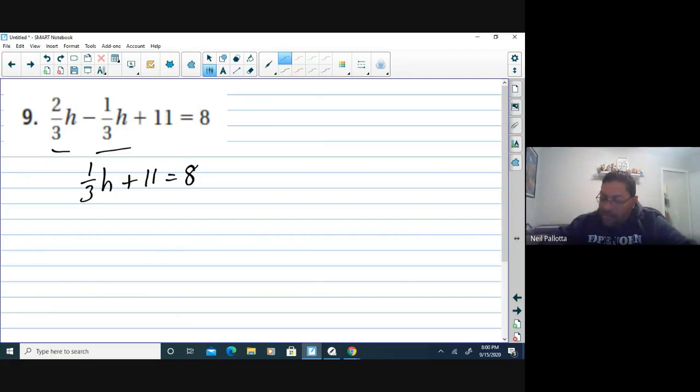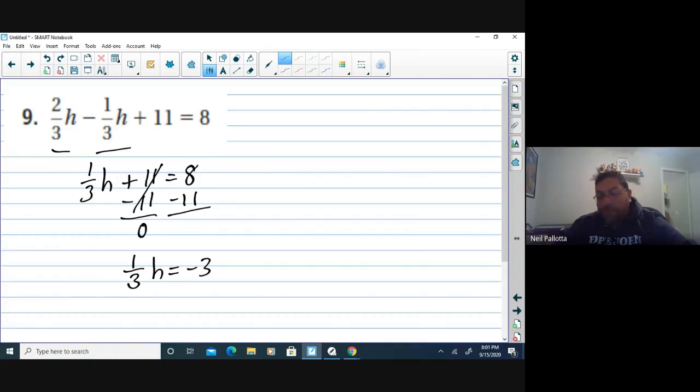Then we want to use our inverse operations. So we're going to subtract 11 from both sides of the equation. On the left side of the equation, they're opposites, so that's going to become 0. We're left with 1/3 h. That's going to be equal to 8 take away 11. That's going to be equal to -3.